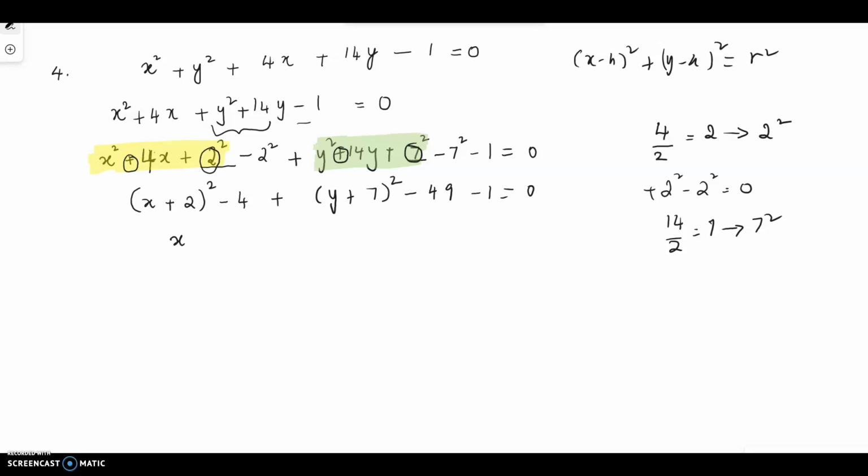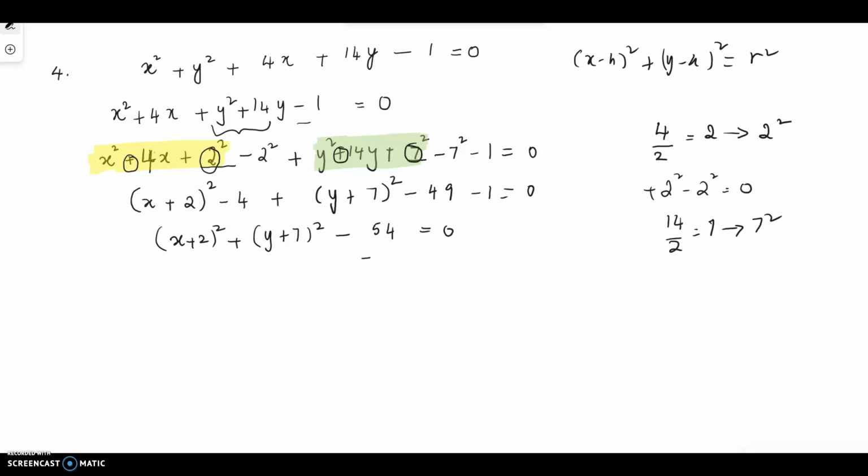Now we have (x plus 2) squared plus (y plus 7) squared. Then we add up all the numbers to get negative 54, and that's equal to 0.